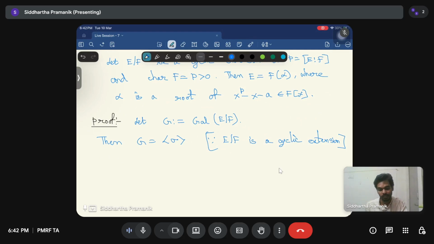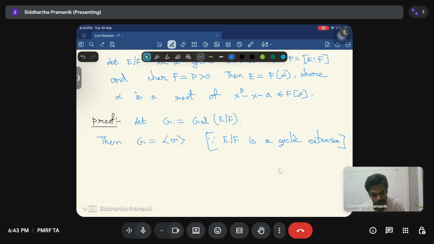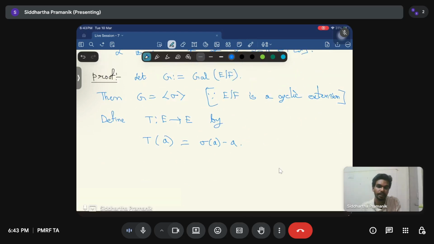Now using this automorphism sigma, we will define a function. So define t from E to itself by t of a is sigma of a minus a. Then you can check that this t is an F-linear transformation.